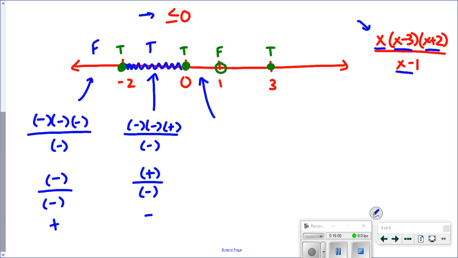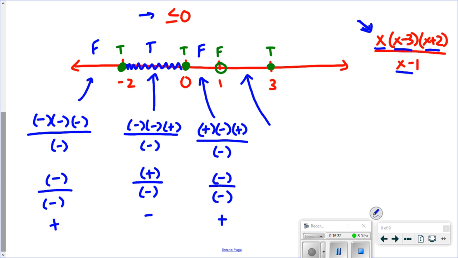Again, I'm going right into this function. So 0.5 is positive. So positive times negative is positive divided by a negative. Okay, a positive times a positive on top is negative. And negative divided by negative is positive. Okay, positive number is not less than or equal to 0, so that's false. So I don't shade there.